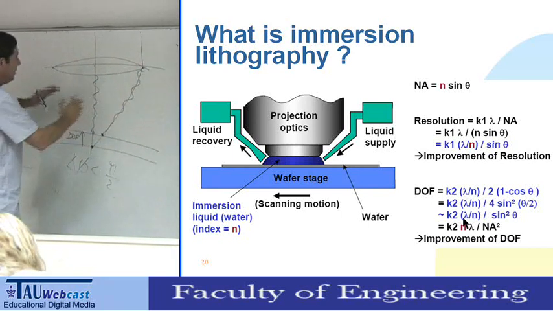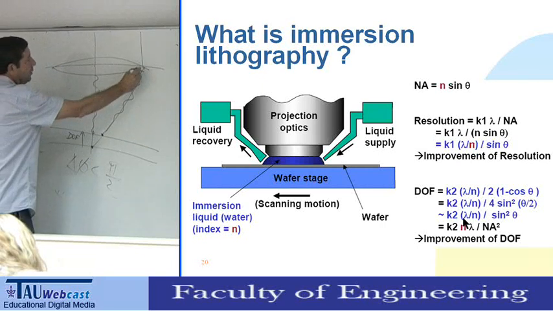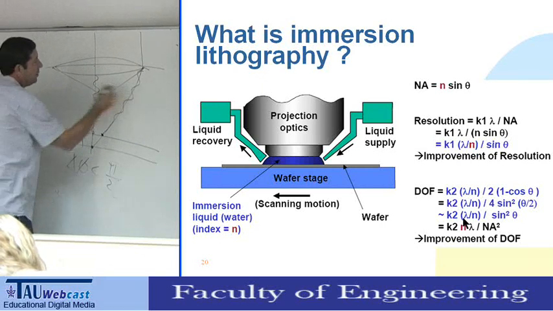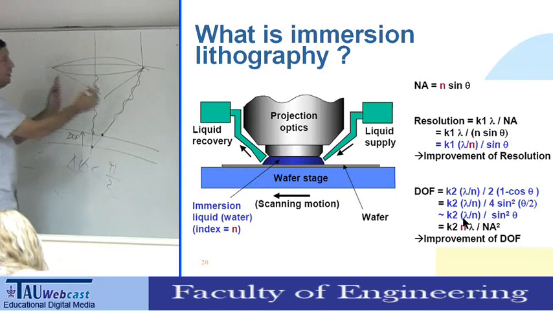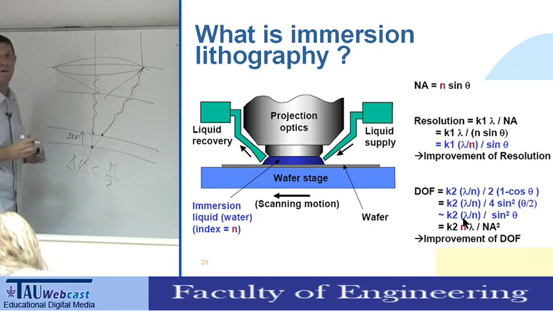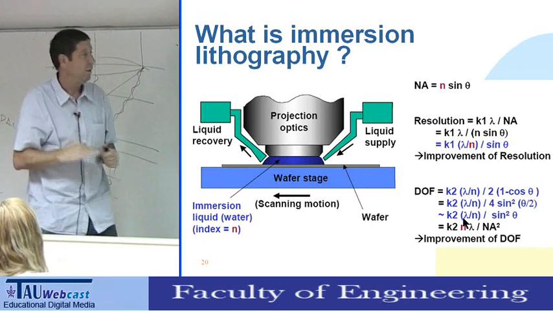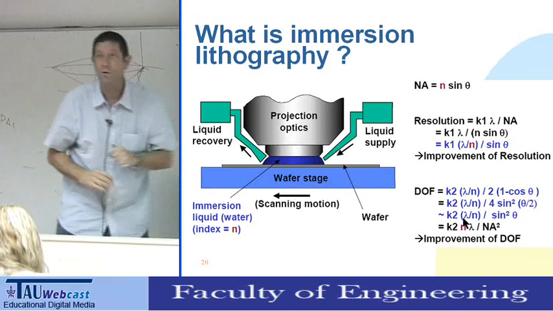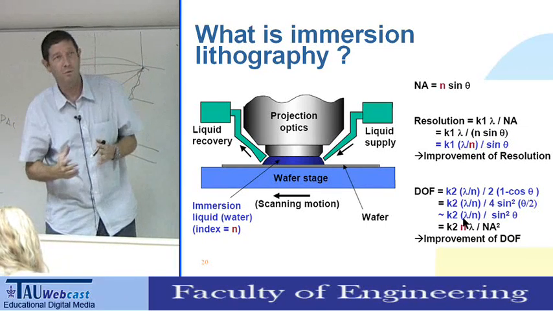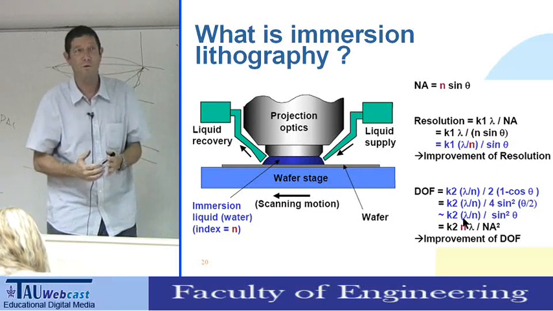Because when you put in your liquid, the collection angle is much wider now. So if you put the lens here, you can allow further increase or decrease of the wafer position. So the actual depth of focus improves. The nice thing about immersion lithography is that you improve the resolution and also improve the depth of focus.